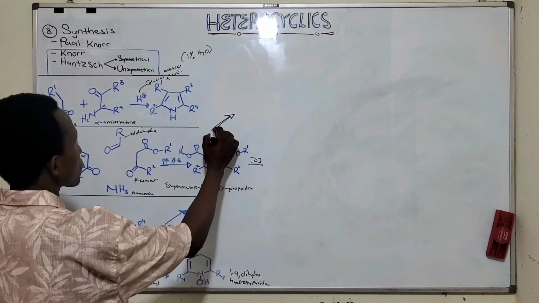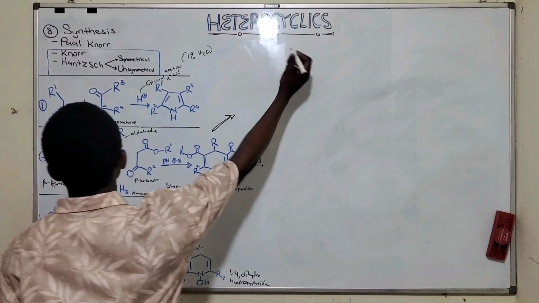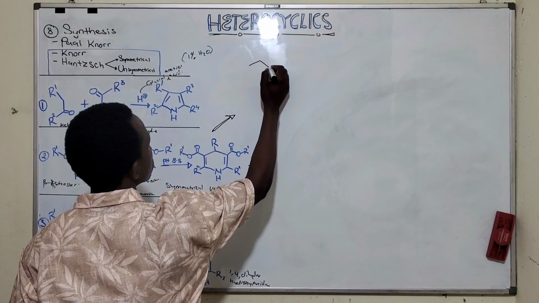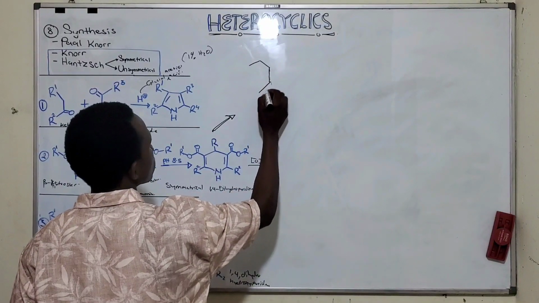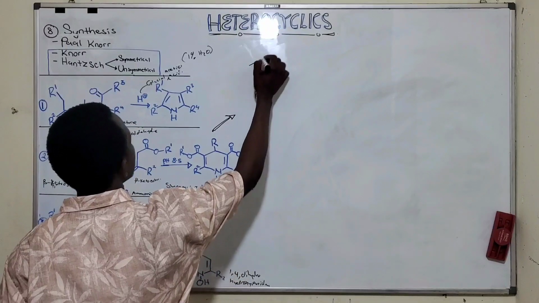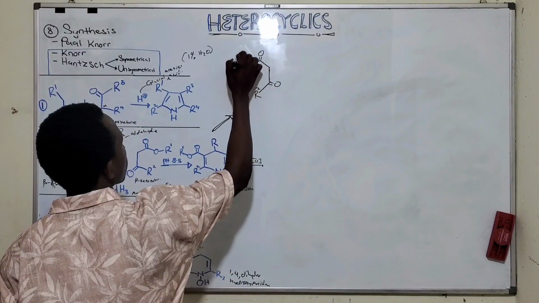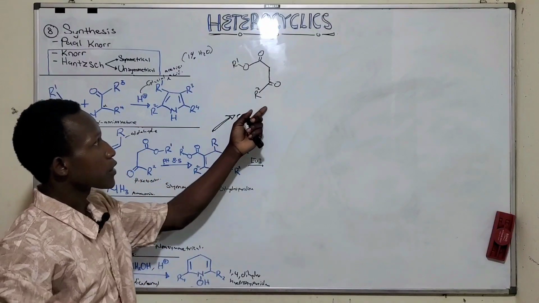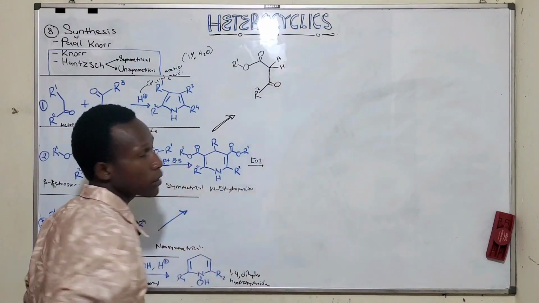The mechanism, we have a beta keto ester. We have this. We have R2 here, then oxygen, and R1. That's it. Here we have hydrogen and hydrogen.